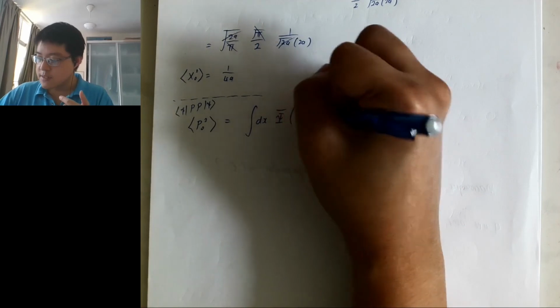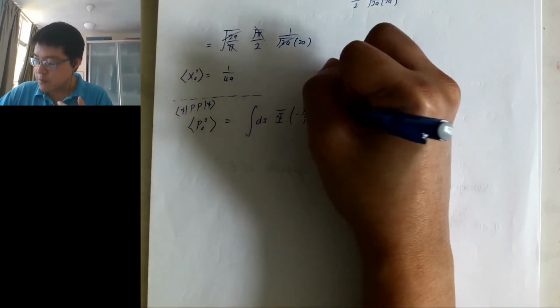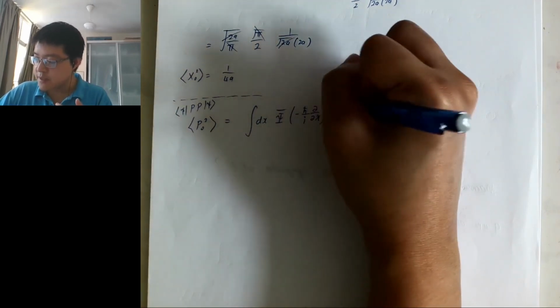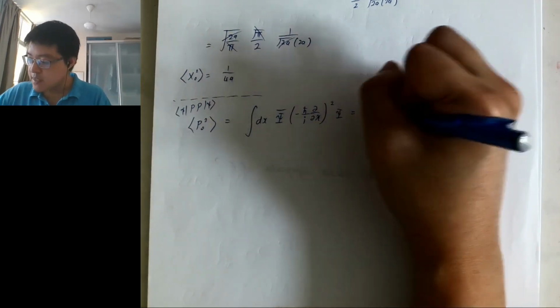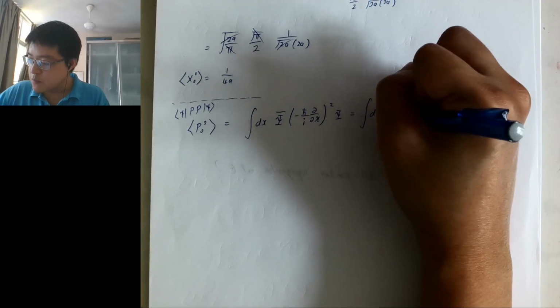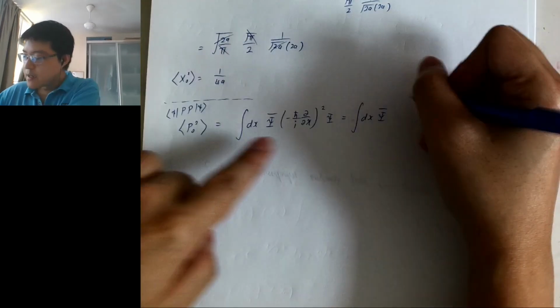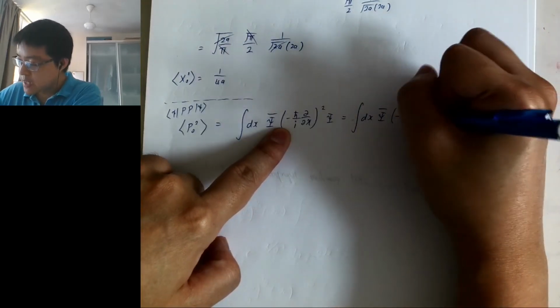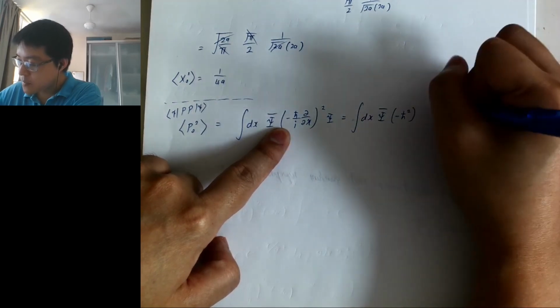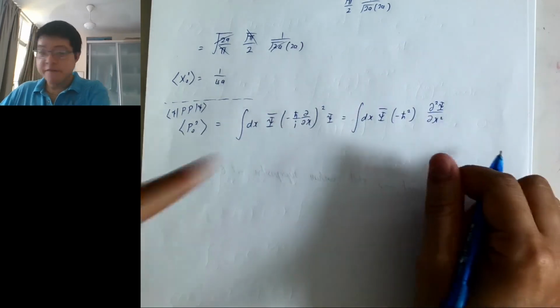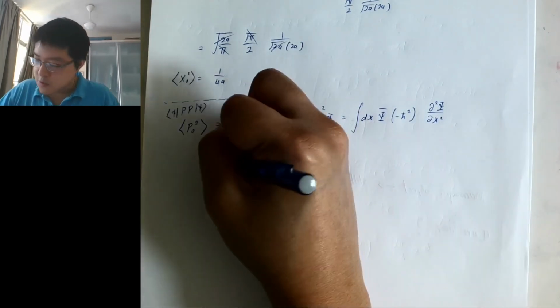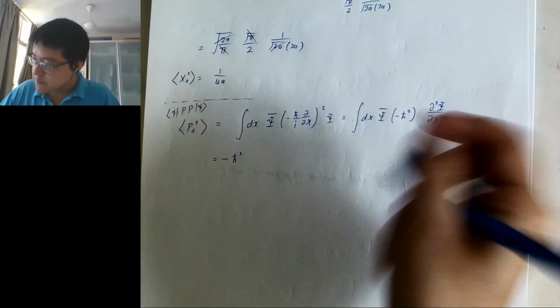The momentum operator on the wave function becomes the derivative operator. Squaring it becomes negative h bar squared times the second derivative of my function.